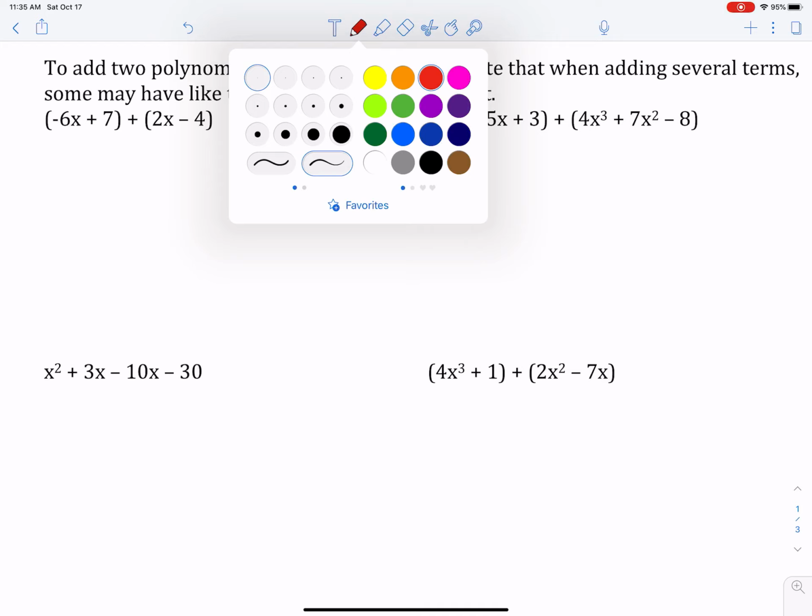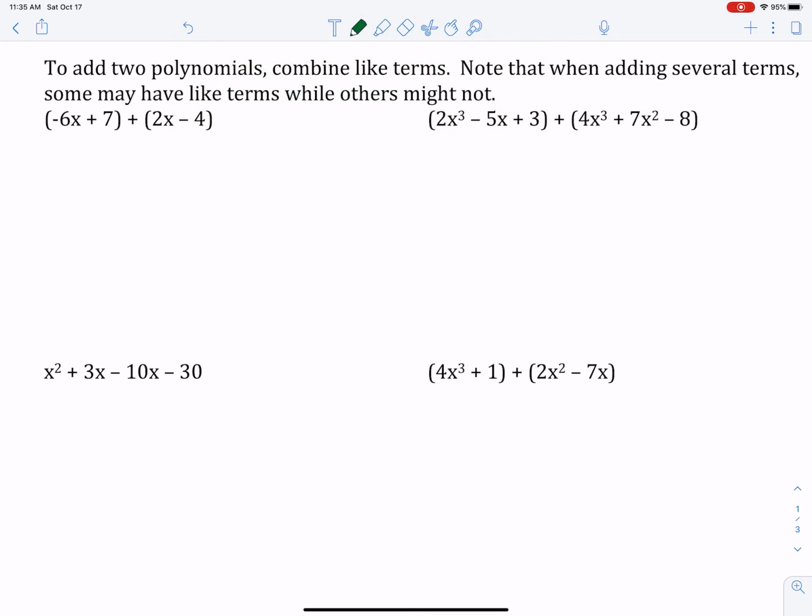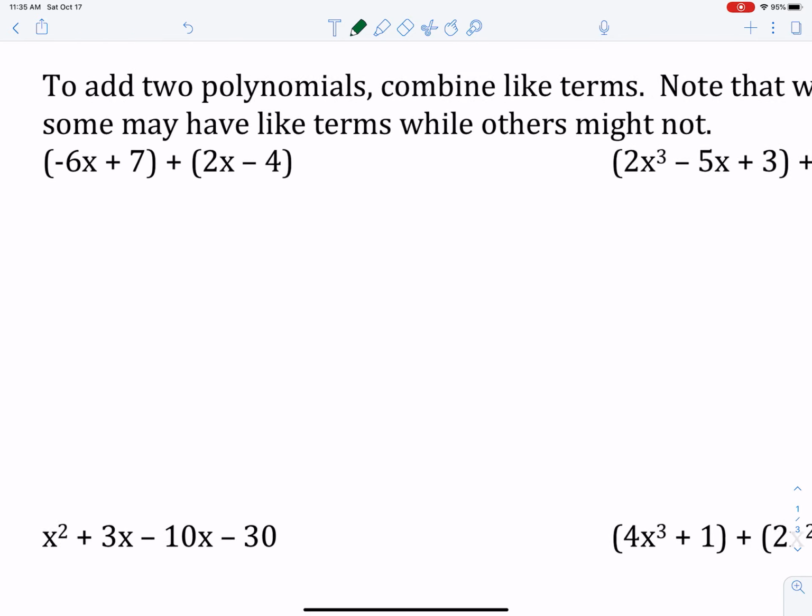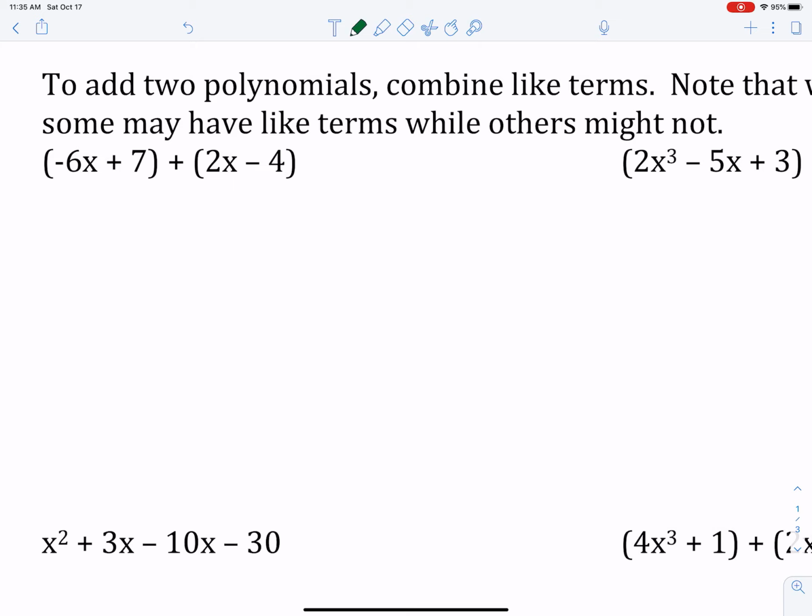So for example, when we have negative 6x plus 7, that's one polynomial, plus 2x minus 4, that's another polynomial. When you're adding polynomials like that, we can pretend that those parentheses aren't even there. If there's nothing in front of a parentheses, except maybe a plus sign, then you can just drop the parentheses as if they're not in the problem. And then it's just a matter of combining like terms.